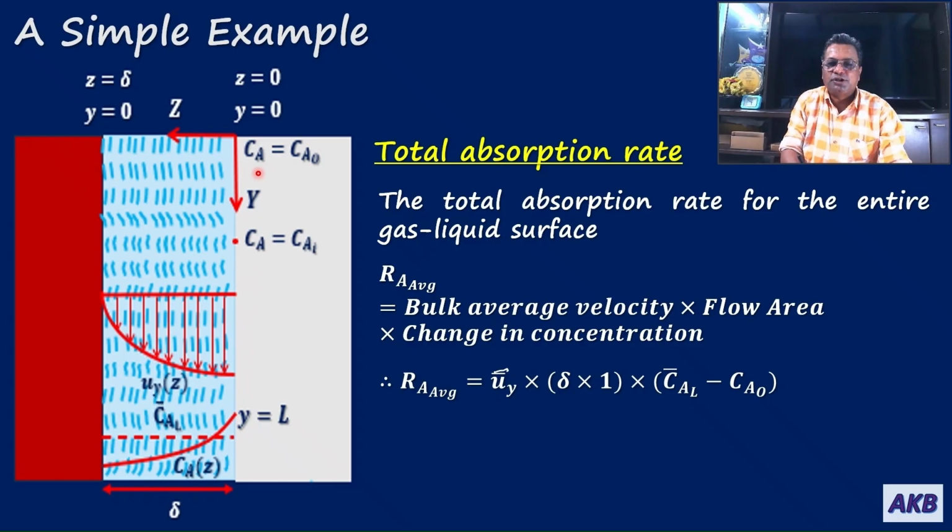At the top, the concentration is CA0, and when you reach y equal to L, you have the average concentration CAL bar. So the change in concentration is CAL bar minus CA0, and RA average is equal to U y bar into delta into CAL bar minus CA0.